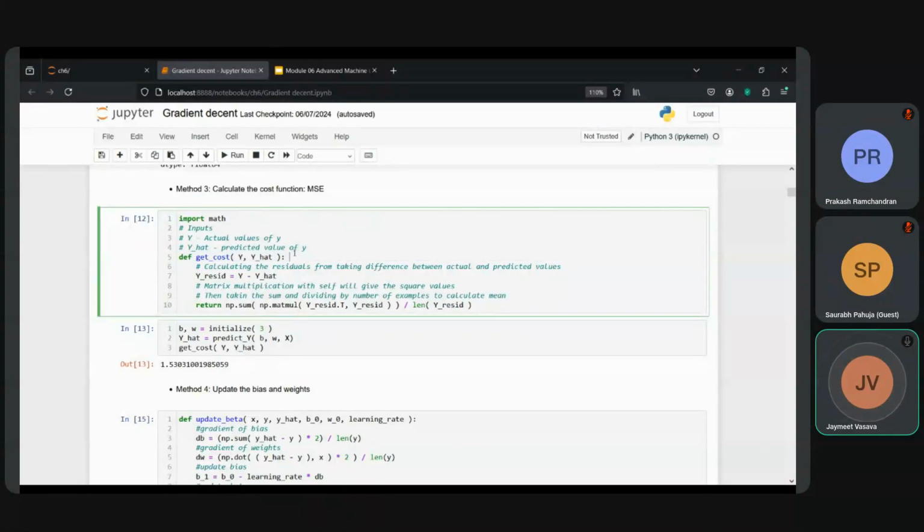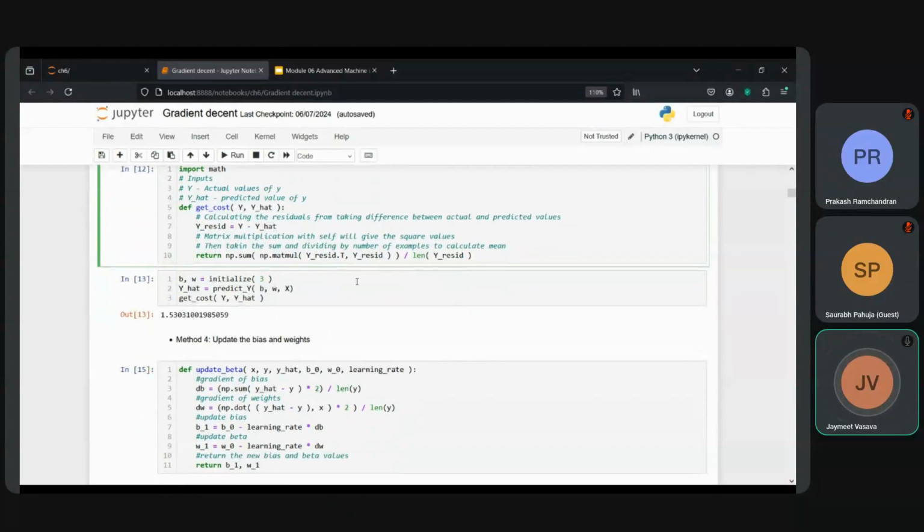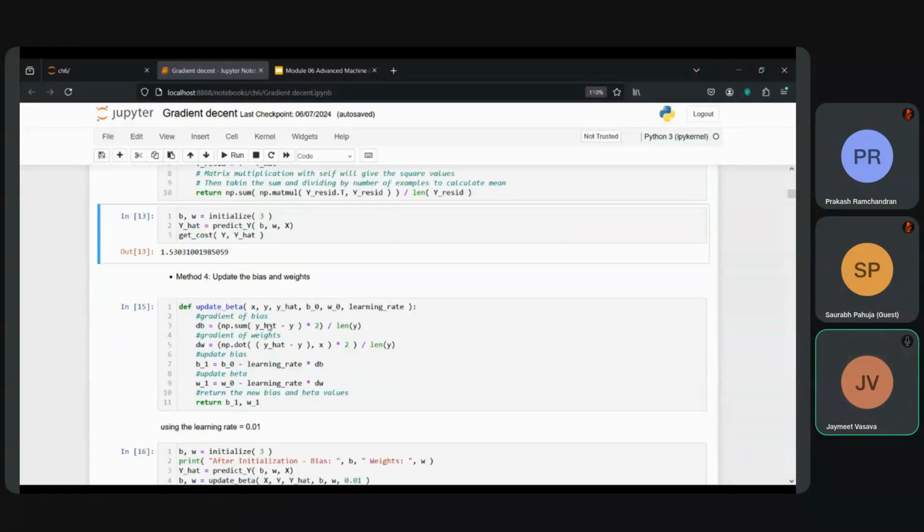We define a function called get cost, which basically calculates the y residual value, which is nothing but the difference between the actual and the predicted value. When we do it for the predicted values of y and calculate the cost function on it, we get the cost of 1.53.